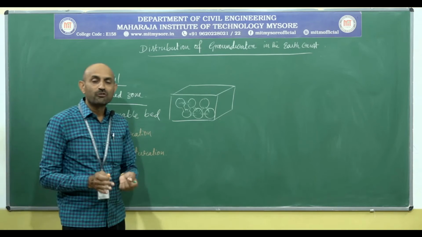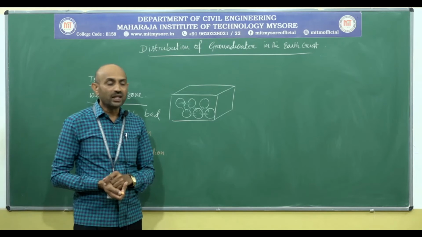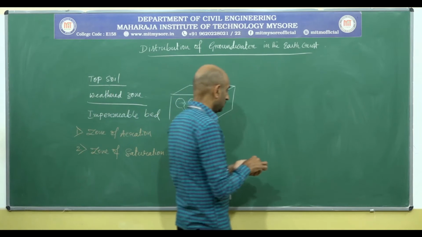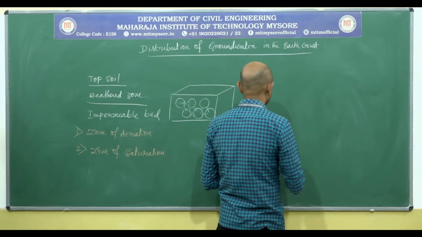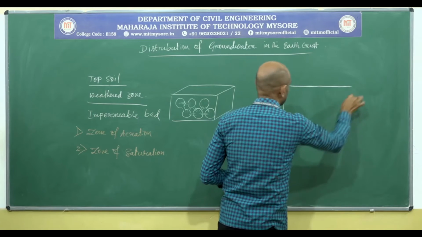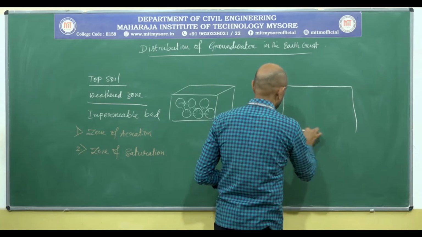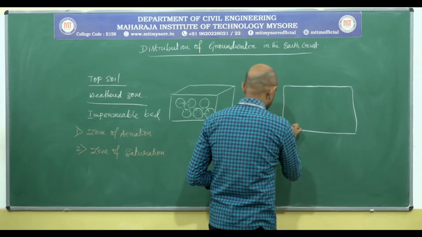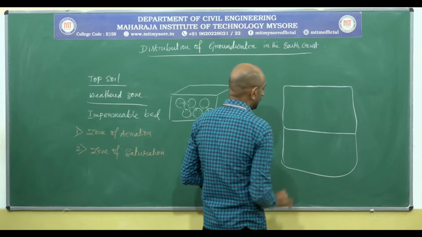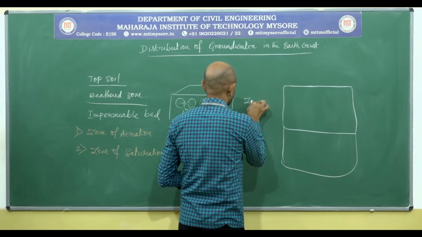What is zone of aeration? The zone between the ground surface to the depth of the water table is called the zone of aeration.